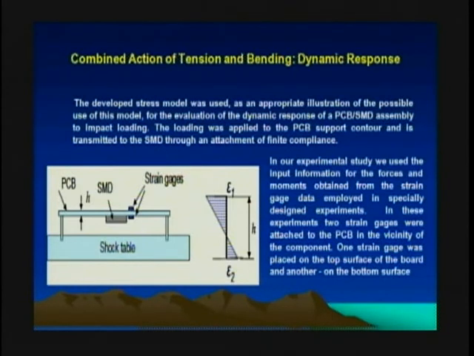And that's what we did, because you see, if you look at this test vehicle or experimental setup, it's exactly just upside down what we have just described. You have a printed circuit board, you have a surface-mounted device element that you are testing, and one is attached to the circuit board.